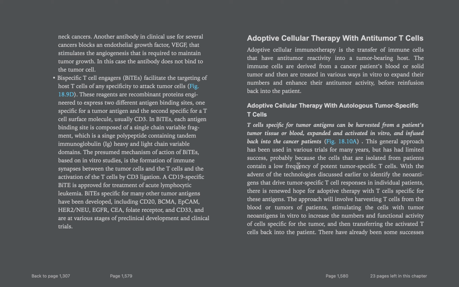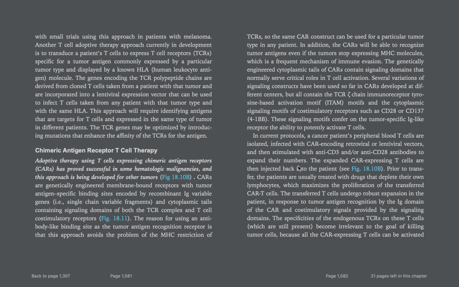The approach will involve harvesting the T cells from the blood or tumor of the patient, stimulating the cells with tumor neoantigen in vitro to increase the number and functional activities of cells specific for the tumor, and then transferring the activated T cells back into the patients. There has already been some success with a small trial using this approach in patients with melanoma.